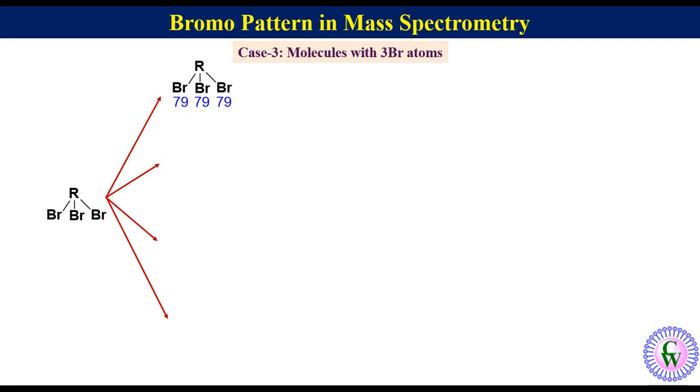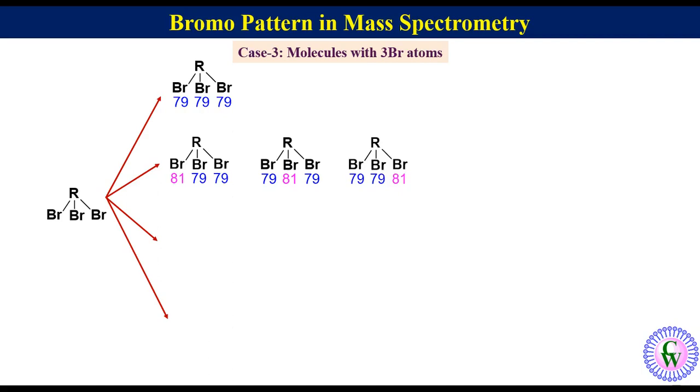In this set, there are 3 possible combinations of bromine isotopes: 81 79 79, 79 81 79, 79 79 81. The third set of molecules will be with 2 Br81 and 1 Br79.